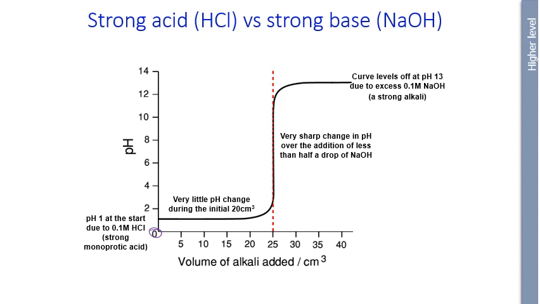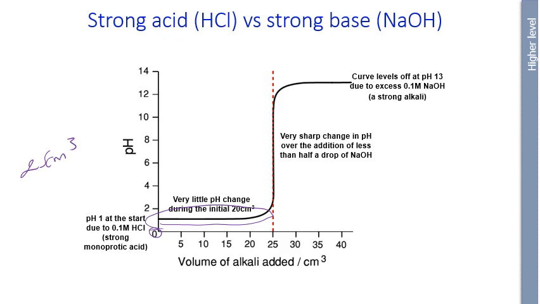Now what we do is slowly add the sodium hydroxide, and you'll see there is very little change in this region, with the initial 20 centimeters cubed. Remember there's 25 centimeters cubed of the acid, and we're adding 25 centimeters cubed of the base.